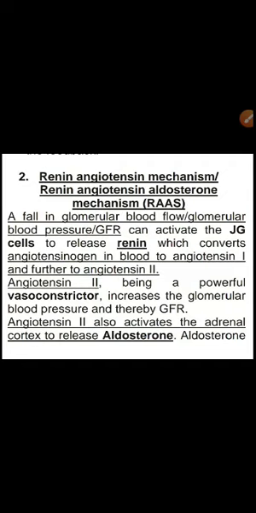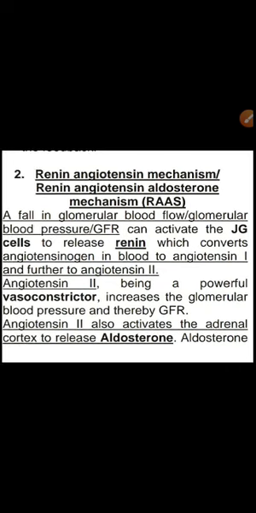What is the juxtaglomerular apparatus? This is a modification found in the nephron by the fusion of the efferent arteriole with the distal convoluted tubule. The attachment of the efferent arteriole with the distal convoluted tubule forms a structure called the juxtaglomerular apparatus, which has the JG cells, and these cells release an enzyme called renin.